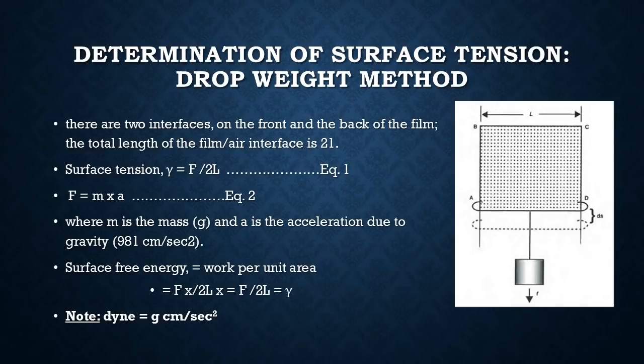So when we have the weight here that can draw the film into a bigger area, let's say there's this force F. So what is the surface tension? Surface tension will be equal to the force per unit length that is generated by this weight.